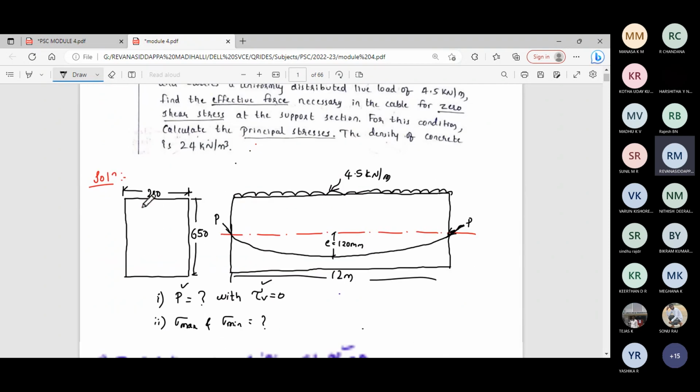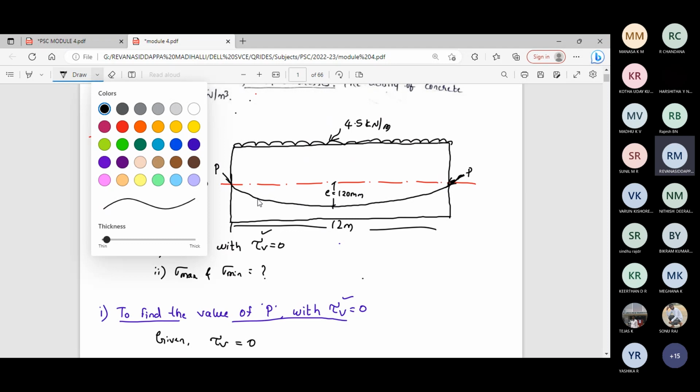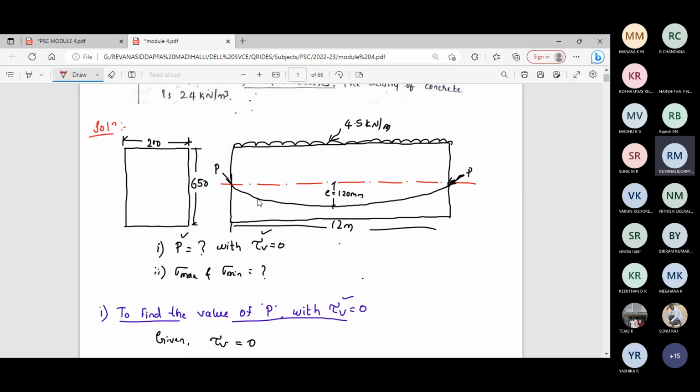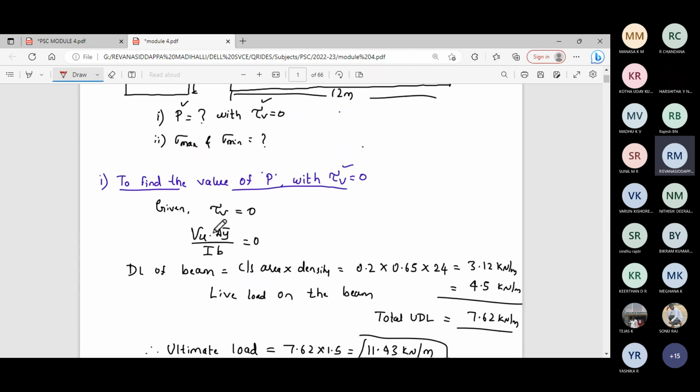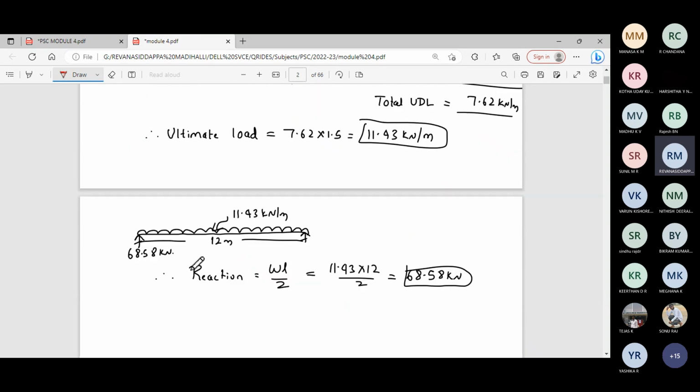For example, here P is the force acting through the cable, correct? So what is its vertical component? Its vertical component will be P sin theta, and this P sin theta, the vertical component of the pre-stressing force, should be added with the reaction at the support. Finally, you will get the shear force VU at the support.